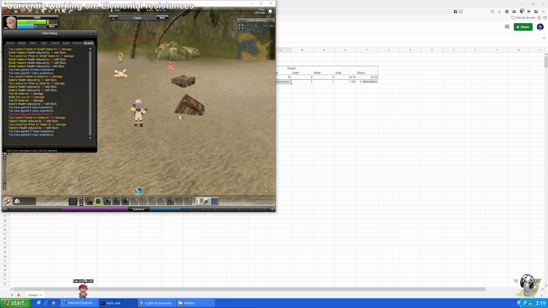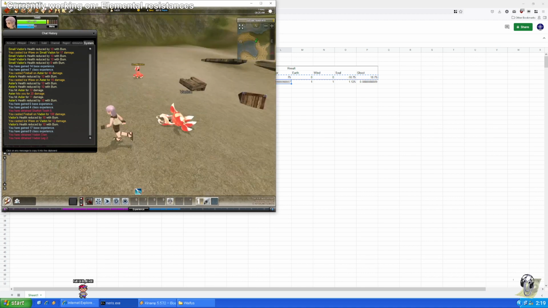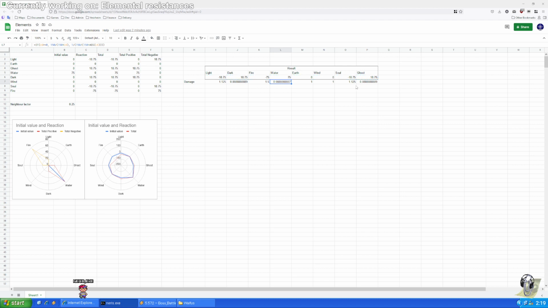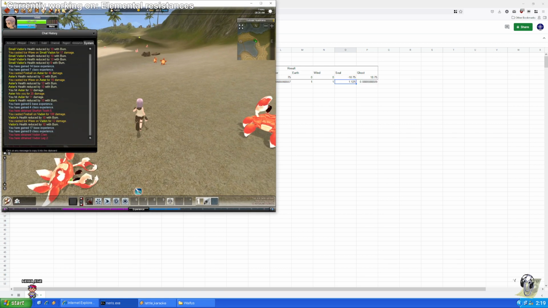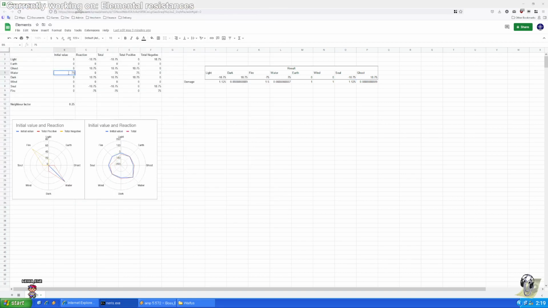Yeah. Okay. Soul Strike. For Soul, it's gonna be 1.12. Okay, that's actually great. So this is 150, right?